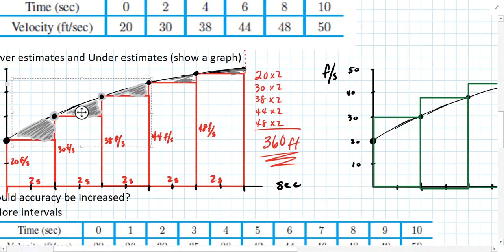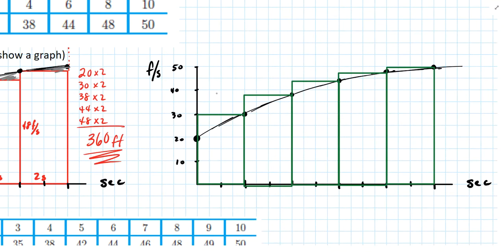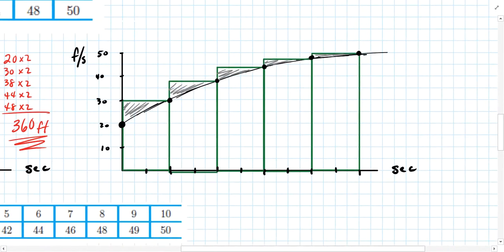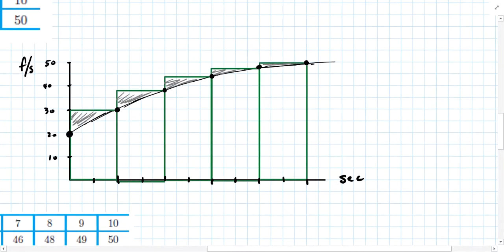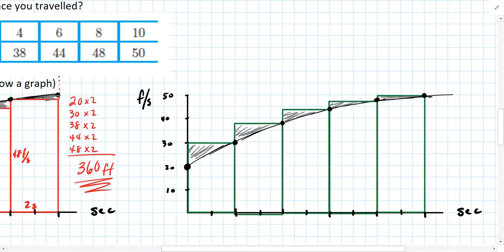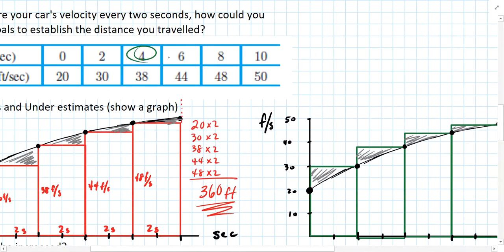Pretty quickly you'll see that this is now an overestimate because each of these rectangles is slightly taller than the actual curve. It's taller than the curve by a little bit. And if we do the math here, using the right-hand sums, as we sometimes call this, all of the data points from 2 through 10 were used to create the heights of these rectangles.